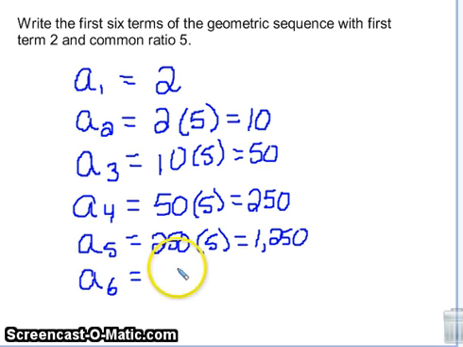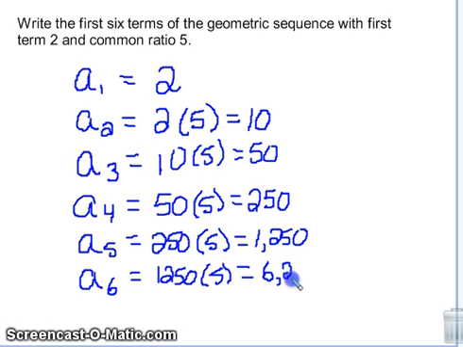And your a sub 6 is going to be 1,250 times 5, which is 6,250.